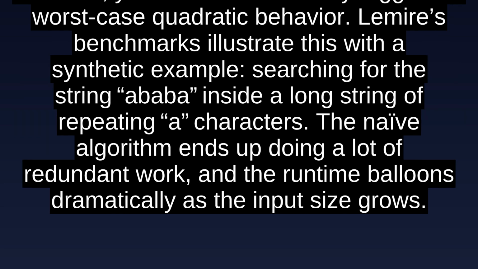If the pattern you're searching for is more than one character long, and if the surrounding text contains many partial matches, you can unintentionally trigger the worst-case quadratic behavior. Lemire's benchmarks illustrate this with a synthetic example, searching for the string "ababa" inside a long string of repeating characters. The naive algorithm ends up doing a lot of redundant work, and the runtime balloons dramatically as the input size grows.